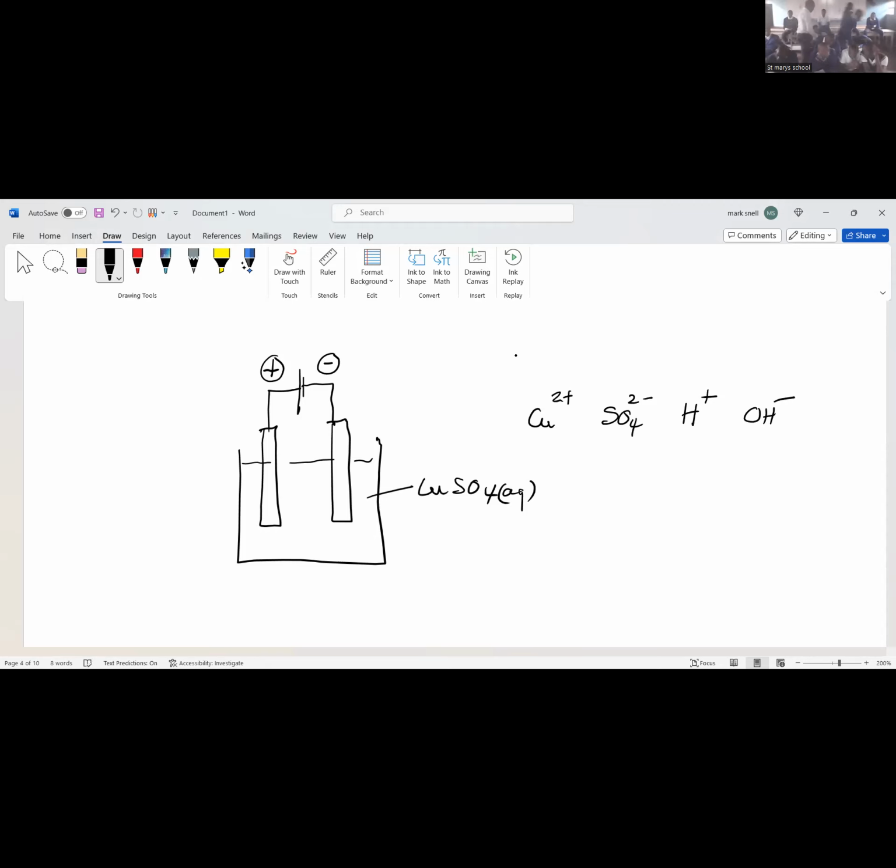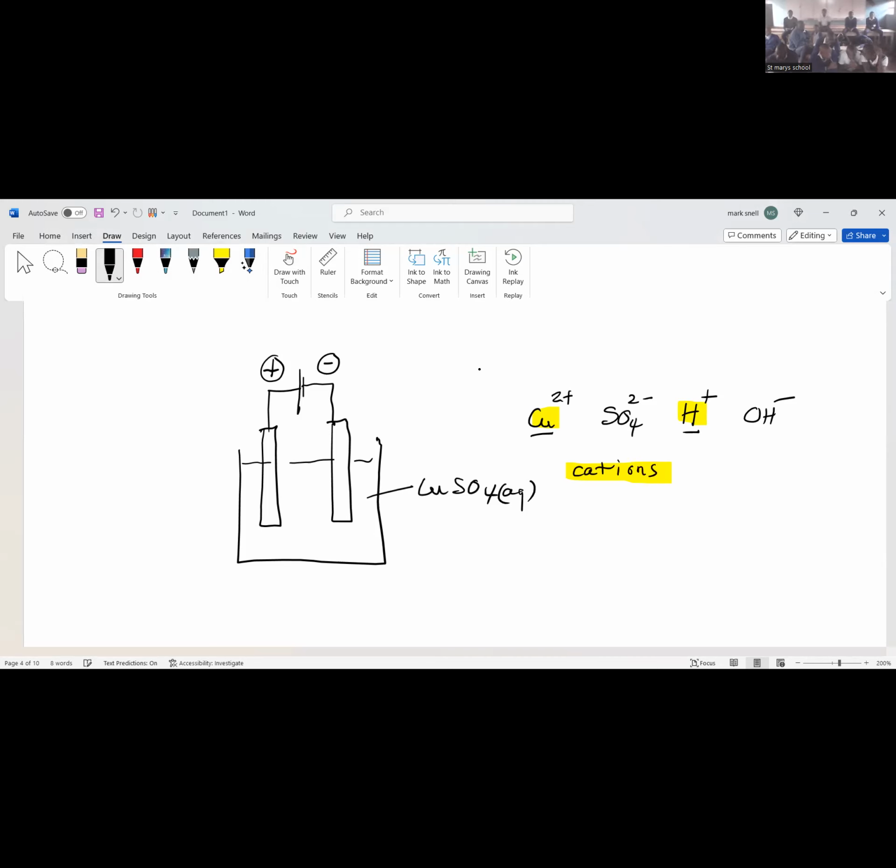So we need to know what is formed. So we're going to have Cu2+ and H+. Cu2+ and H+ are the cations.